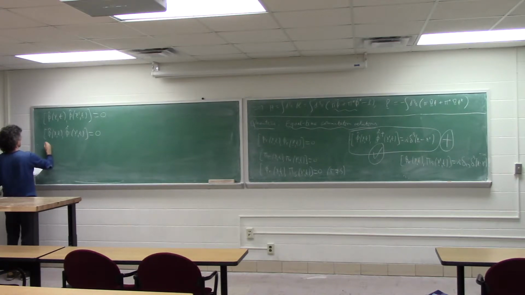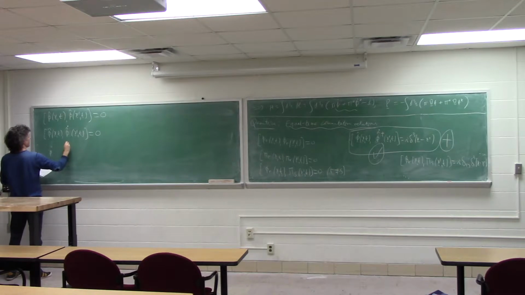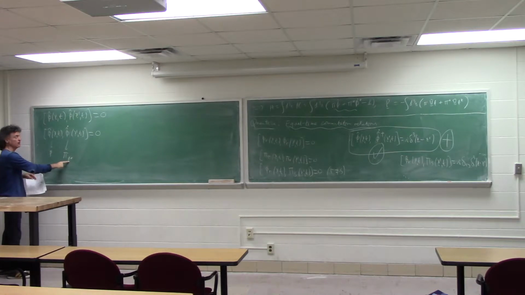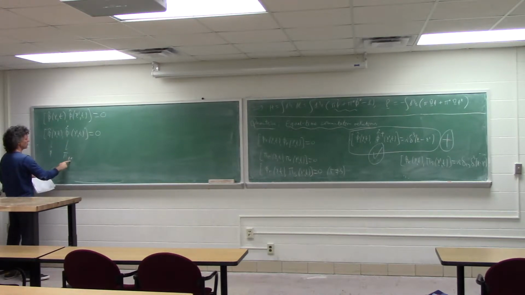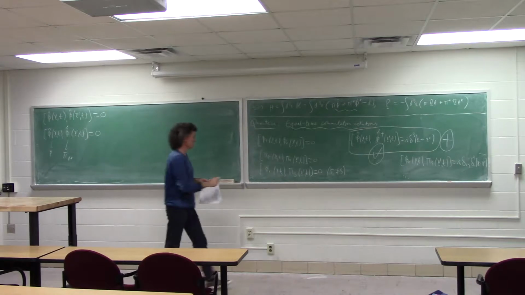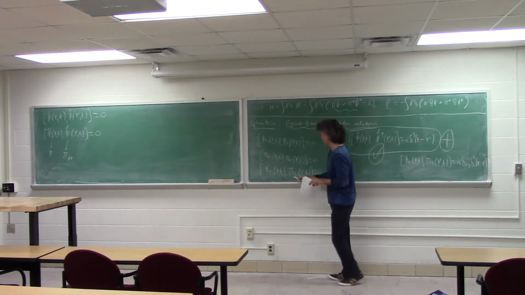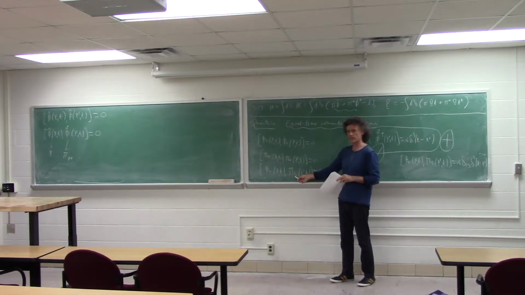This is just saying that, remember, this is the field phi, and this is the momentum conjugate to phi star. Remember that the momentum conjugate to phi star is phi dot. So here we're looking at the field and the momentum density for the other field, and they commute.